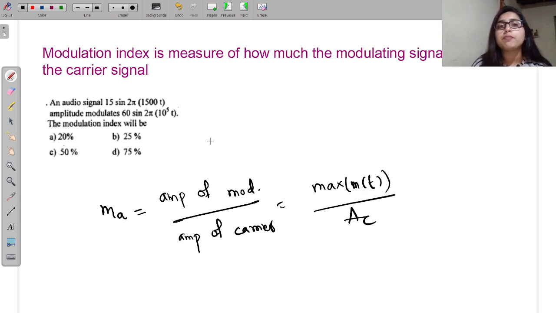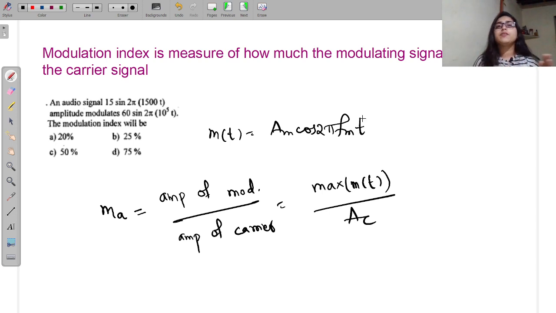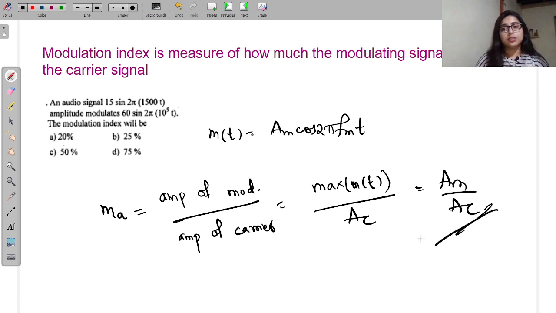So suppose my m of t is Am cos 2 pi fmt, what is the maximum value of this? You know that cos will be from -1 to 1. So the maximum value of the cos will be equal to 1. So maximum m of t will be equal to 1 into Am, that is Am by AC. So this is my modulation index, the ratio of the amplitude of the modulating signal to the amplitude of the carrier signal.